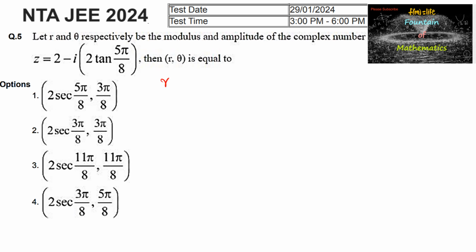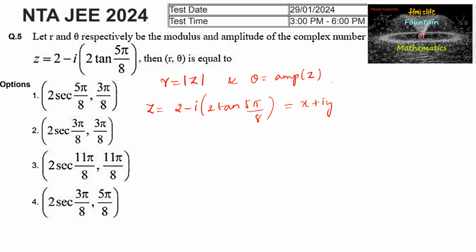So here we can say that r is equal to modulus of z and theta is the amplitude of z or argument of z, and given z is equal to 2 minus i times 2 tan 5 pi by 8, which is in the form of x plus iy. So when comparing we can write x is equal to 2 and y is equal to minus 2 tan 5 pi by 8.